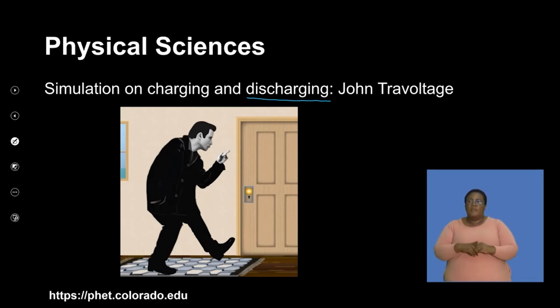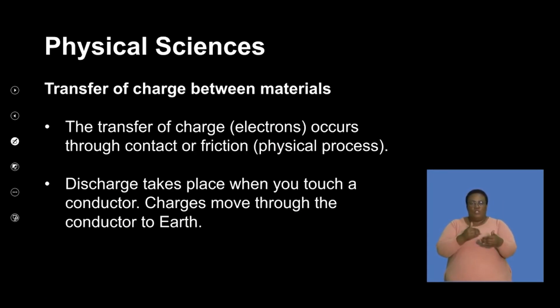Just to explain what exactly happens in the process of charging: transfer of charge between materials, electrons move through the contact. So we've spoken about the physical process. The discharging part we saw takes place when we touch a conductor. So the insulator accumulated charge through friction. That was a physical process.